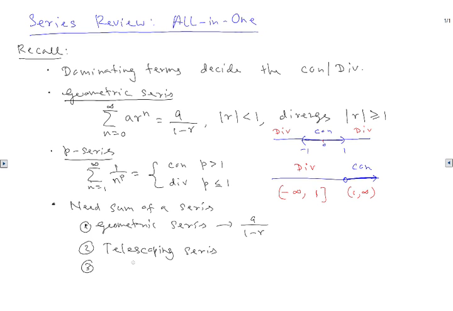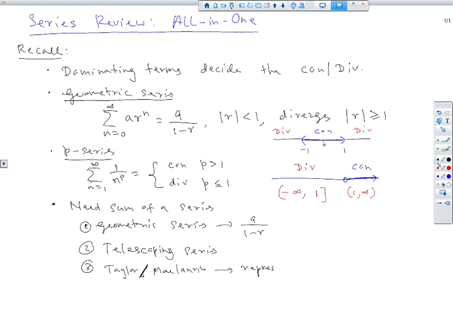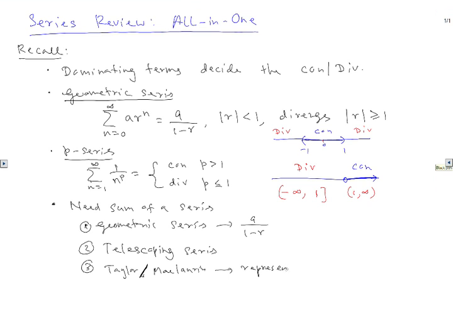Taylor or Maclaurin series can also be used to find the sum, because you can represent the series as a function, a non-series, like a log or something like that.